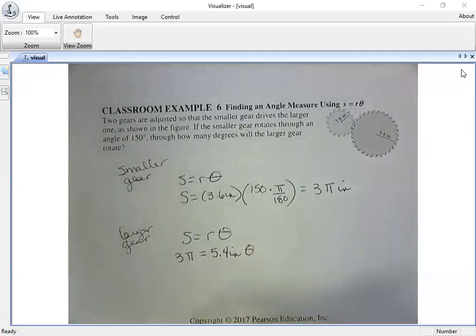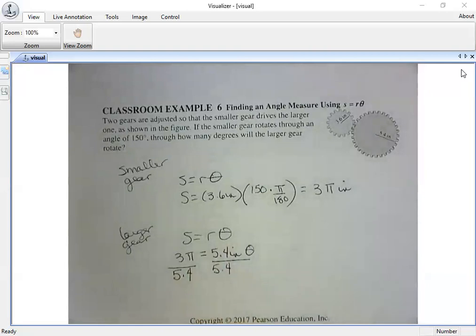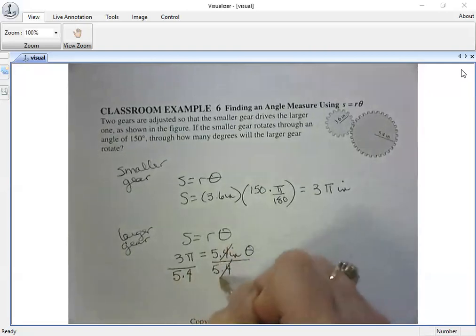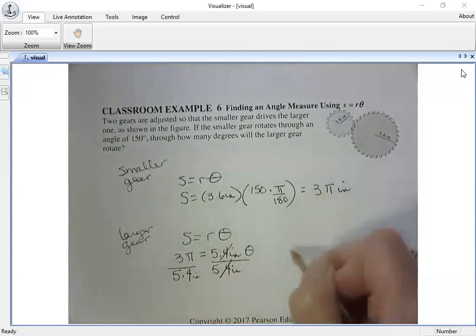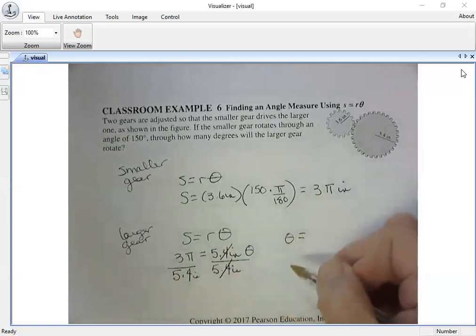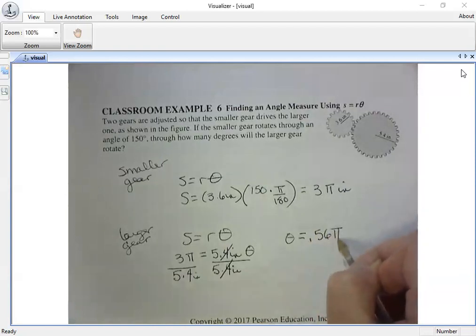And then I'll find my angle measure, theta. How do I do that? Yes, I need to divide by 5.4. And that's going to give me what? Three divided by 5.4 is, okay, so it would be about 0.56 pi, you think?